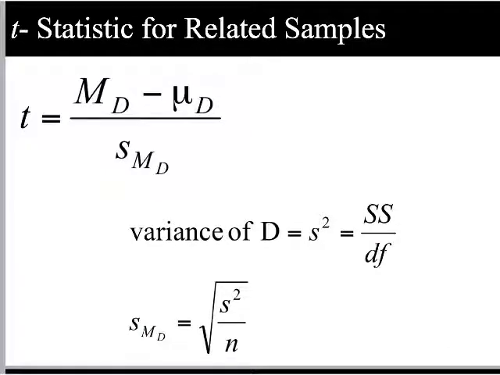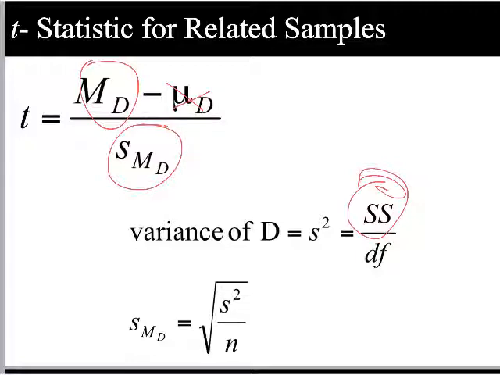Okay, so here's the t-statistic for related samples. Again, don't worry about that. This is what we're going to be plugging in, these two values. So we need to calculate the variance of d, right? So that'd be the sum of squares, calculated just as normal. We take the mean and then each score minus the mean squared. Then we sum all of those. That's the sum of squares. The degrees of freedom is n, the number of individuals, minus 1.